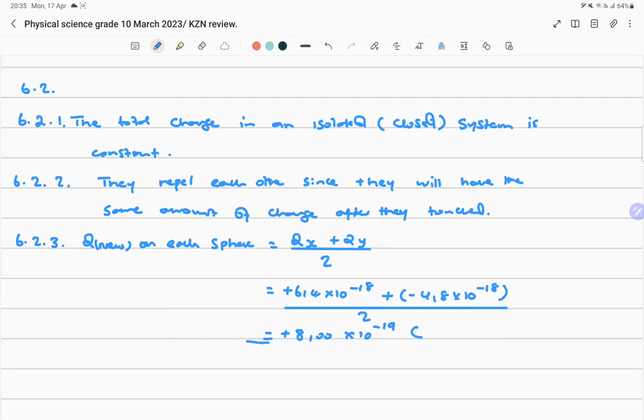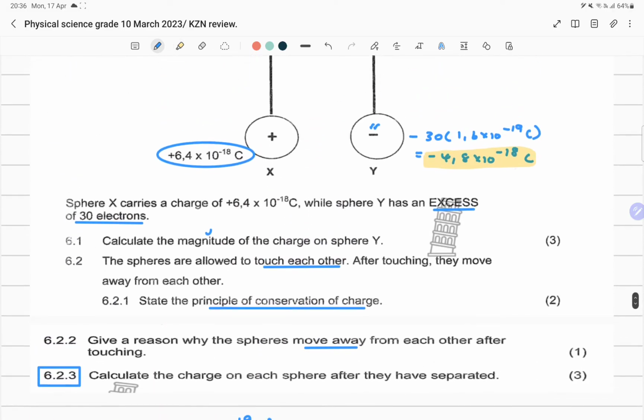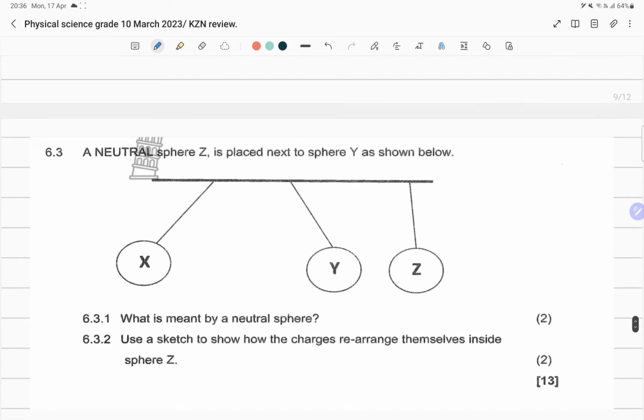Or you can just simply write 8 times 10 to the minus 19 coulombs. So here it's a simple procedure, some sort of a formula. It doesn't have to be a standard formula. Substitution and answer. And don't forget, for the answer there must be units. Easy 3 marks. Let's move on.